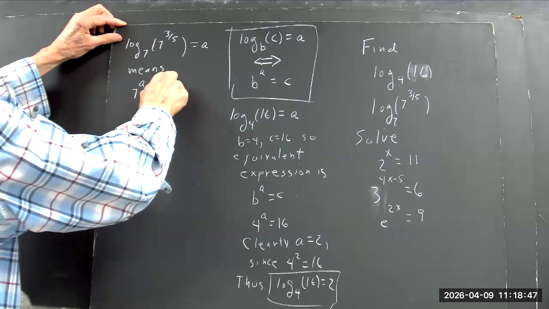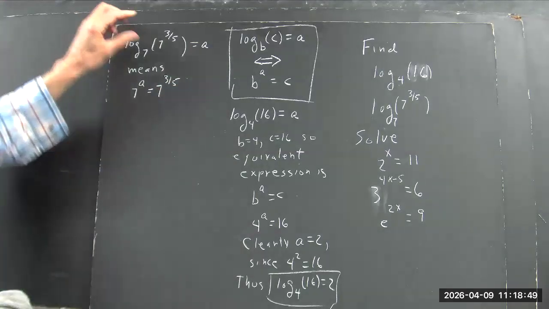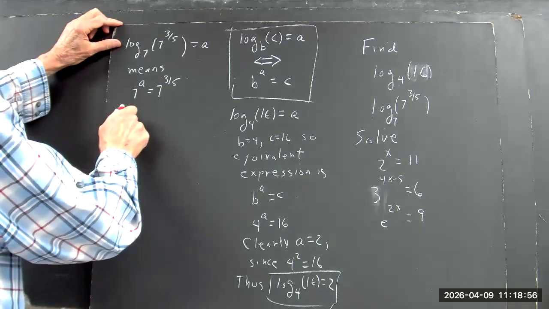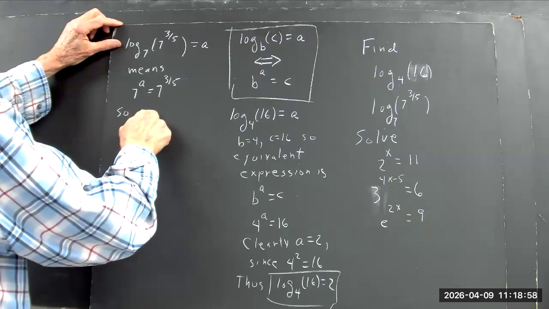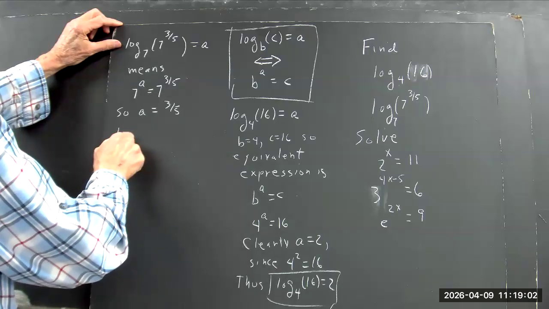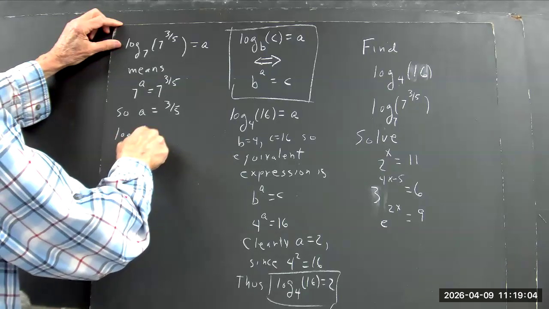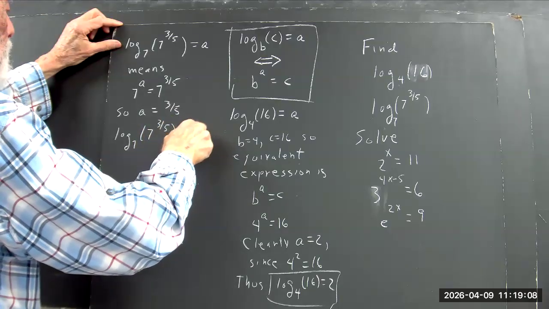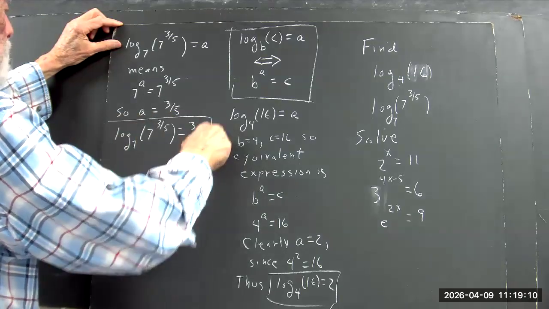7 to the a equals 7 to the 3/5. Okay. So a equals 3/5. Log base 7 of 7 to the 3/5 equals 3/5.